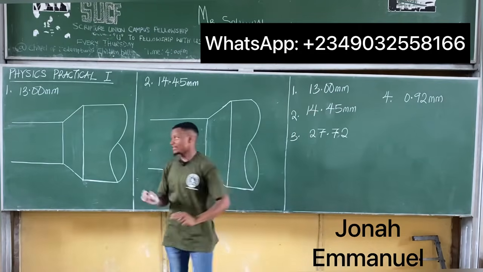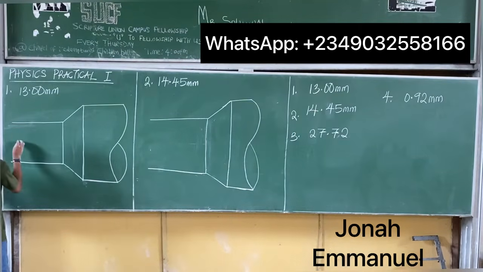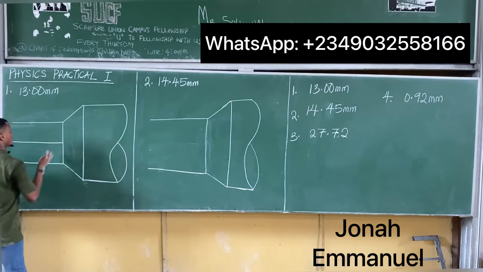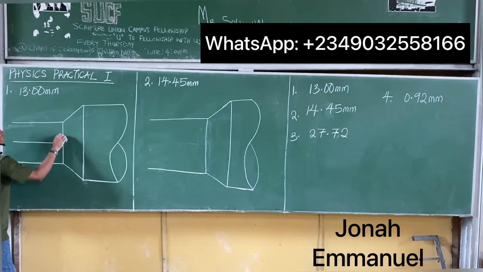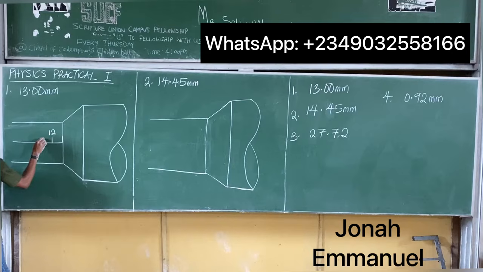But first things first, I want to believe number 1 is very simple. So 13. You should expect something like this. Let me call here 13. Here is 12. Here is 11. Here is 10. Here is 9. 9, 9.5, 10, 10.5, 11, 11.5, 12, 12.5, 13.